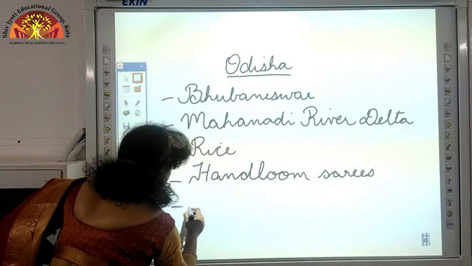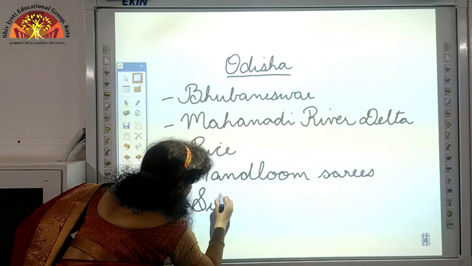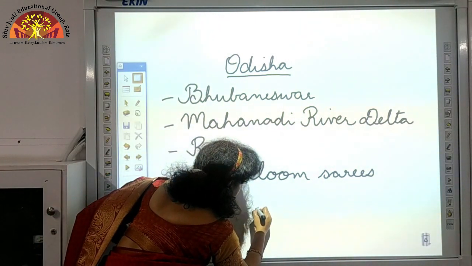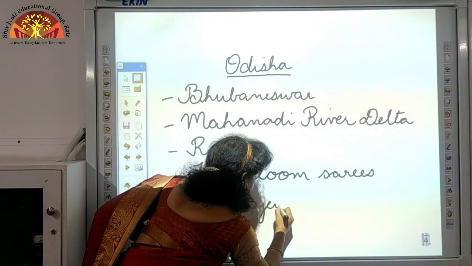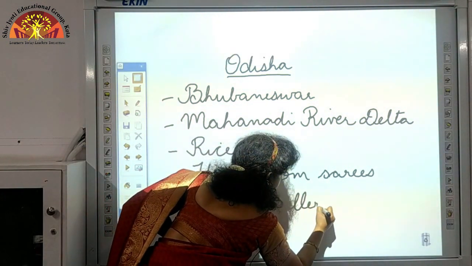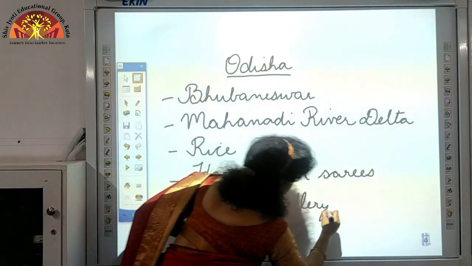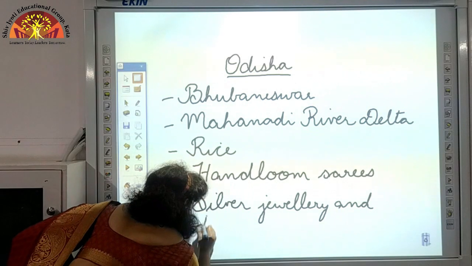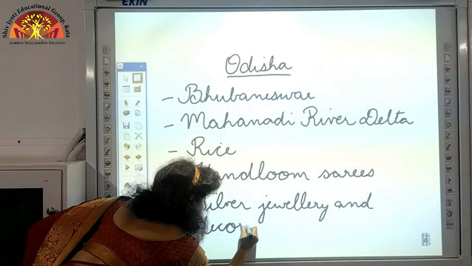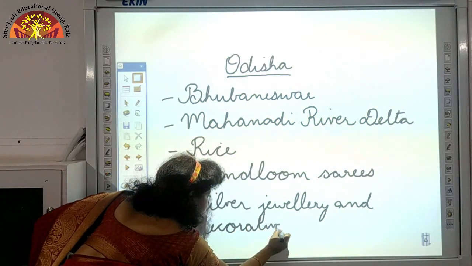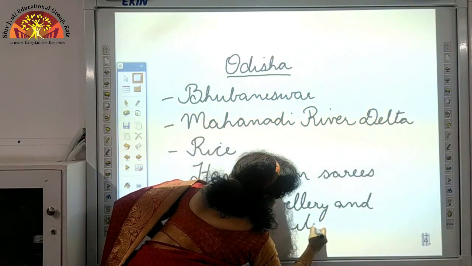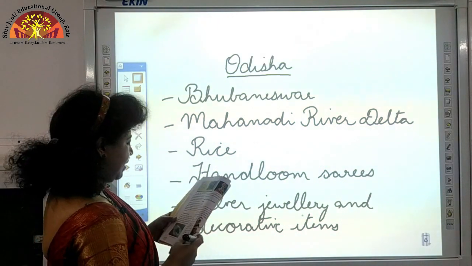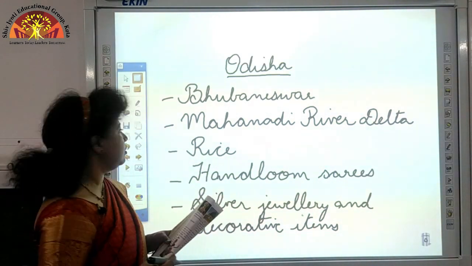And other than this, the silver jewelry and decorative items of Odisha are also popular.